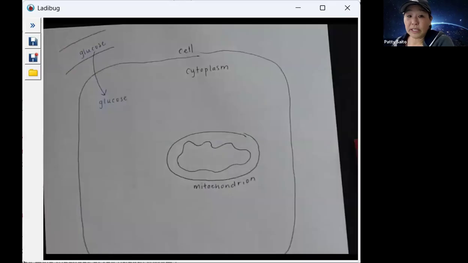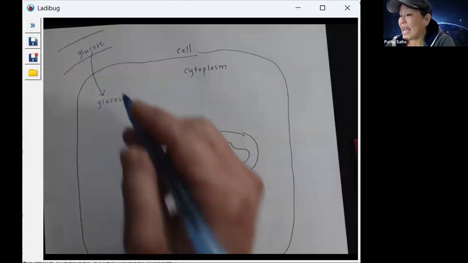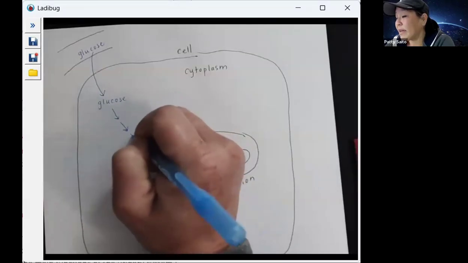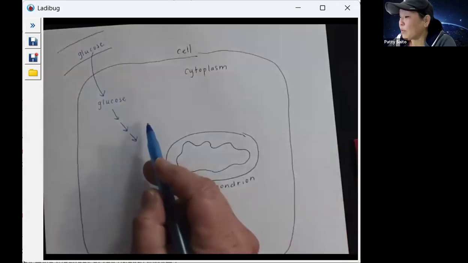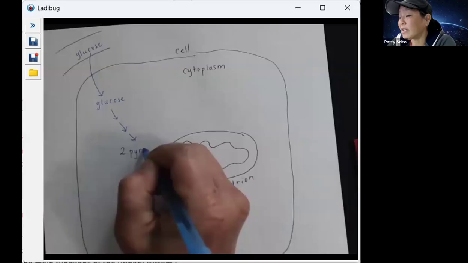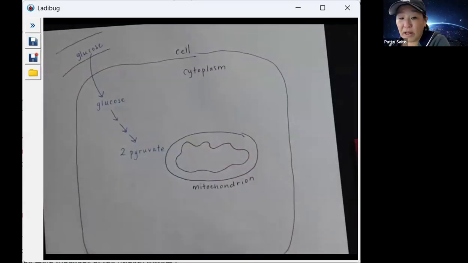It's going to go through the steps of glycolysis. So glycolysis, how do we break apart a glucose molecule? It requires several steps. It's not a single step. And in the end, we're going to get two molecules of pyruvate. It's just another molecule.